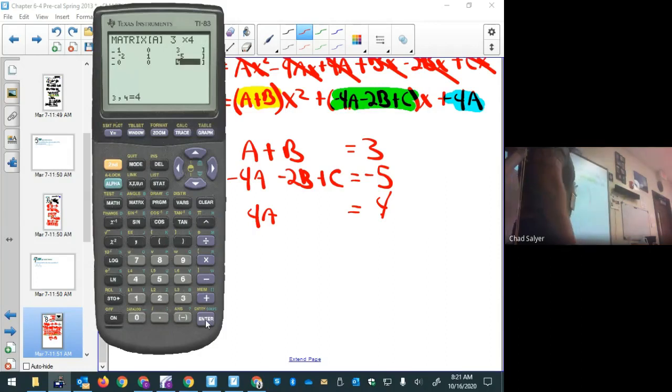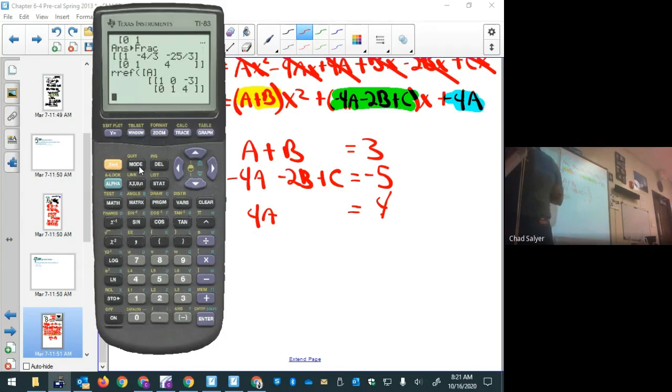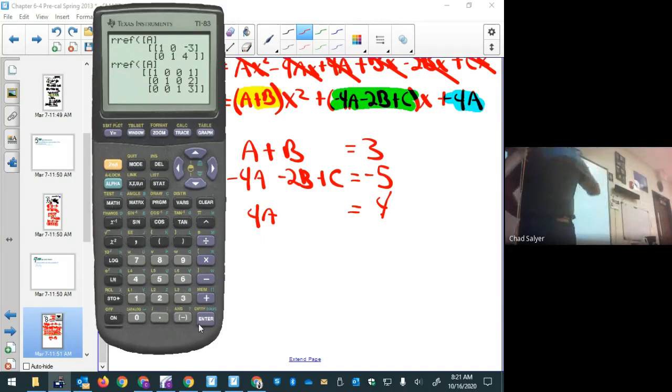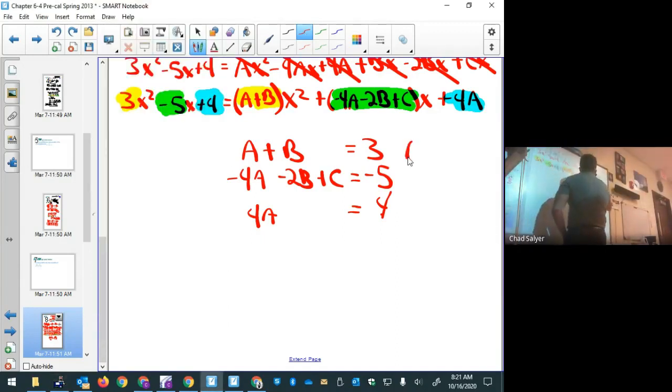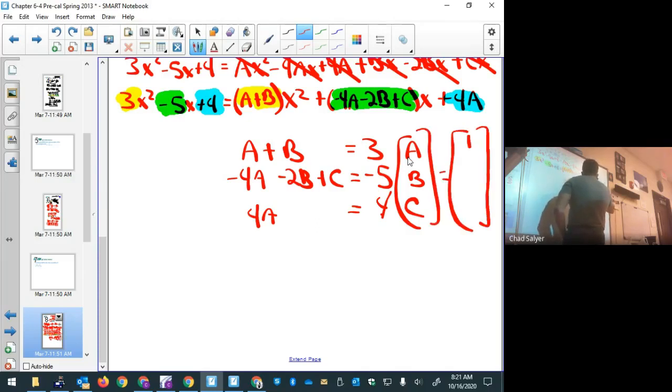Notice how I kind of set myself up for success by leaving these blanks here. The blanks just make it a lot easier to create a matrix. If we hadn't done that, then this would be a little more challenging. It's a good habit to get into. So let's try the RREF again. I can just call the previous input. 1, 2, 3. Well, how easy is that? So A, B, C equals 1, 2, 3.